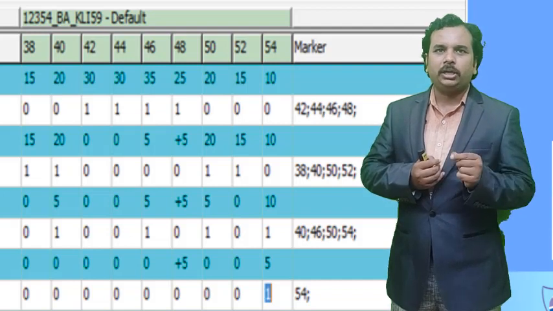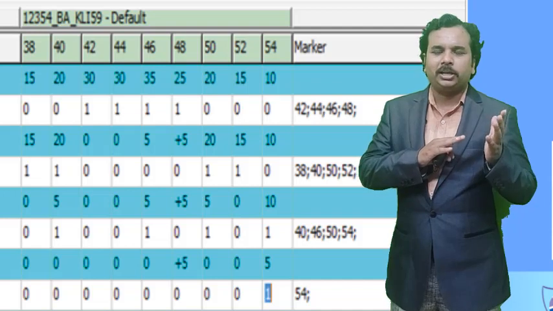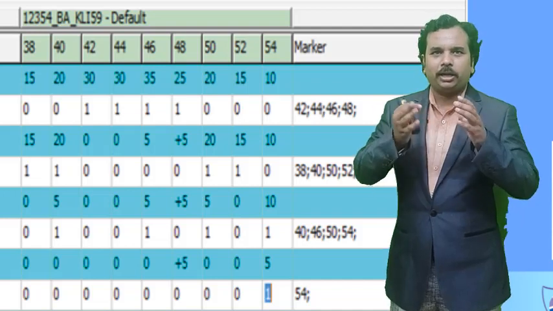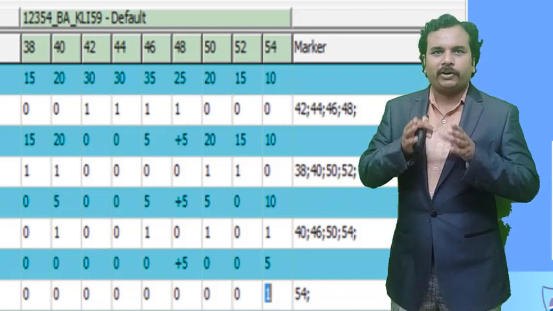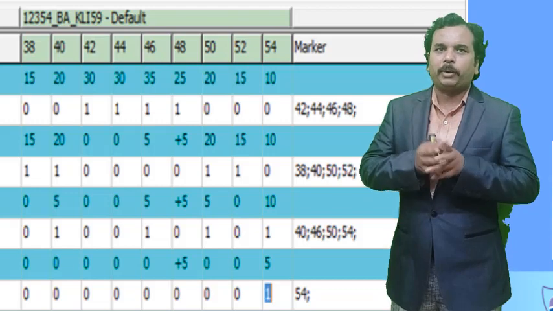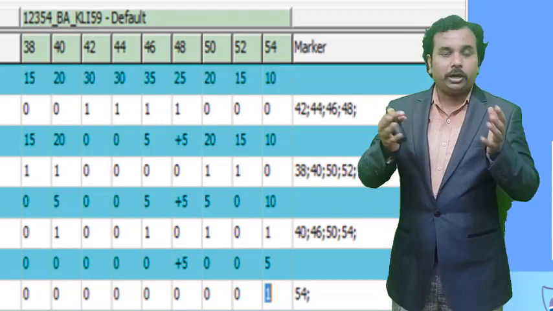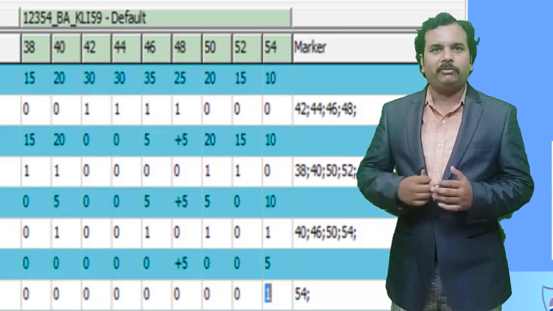So 15, 20, 0, 0, 0. For one marker, 30 layers are completed, 30 also completed for sizes 40 to 44, and 35 for size 46 is there. Still we need to prepare 5 garments in that particular marker.